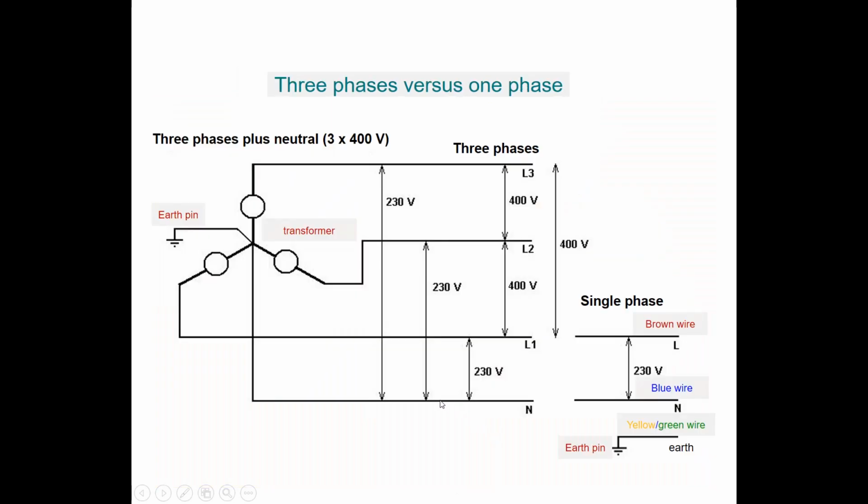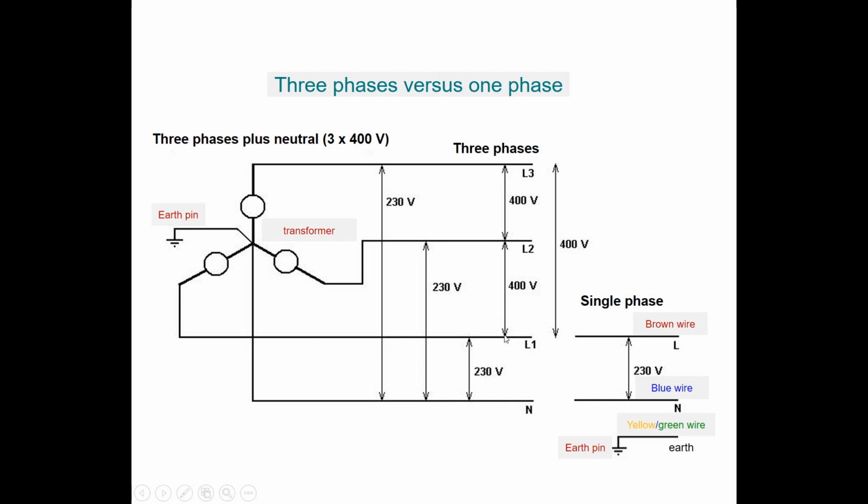So last but not least, let's have a brief look at the systems which we have at home, in which we have 3 phases over here, which have a phase voltage between one of the phases and the neutral over here, and which are equal to an effective or RMS voltage of 230 volt AC, of course.